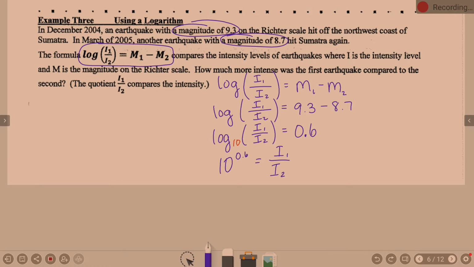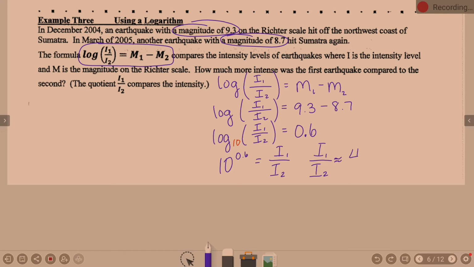What's the calculator answer for 10 to the 0.6? Shouldn't be negative. 10 to the 0.6. 3.9 something? Yeah. 3.98, which is approximately what? 4.